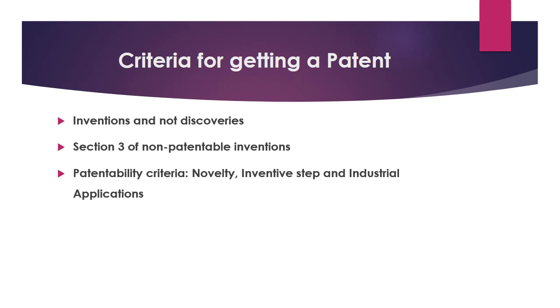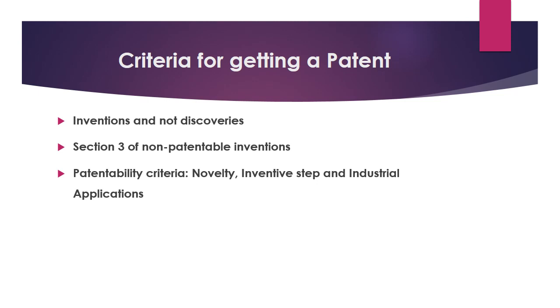Next is inventive step. Whatever you are claiming as an invention should not look obvious to a person who is skilled in your art. Suppose you are from a background of computer science and you are developing a software. A person who is also from a computer science background sees the software or application you have developed, and feels that this is just a mere arrangement of a few programs and you have not done anything extra.